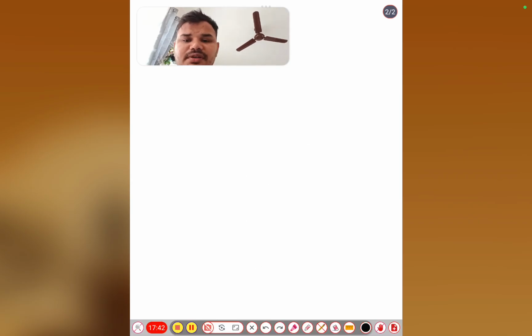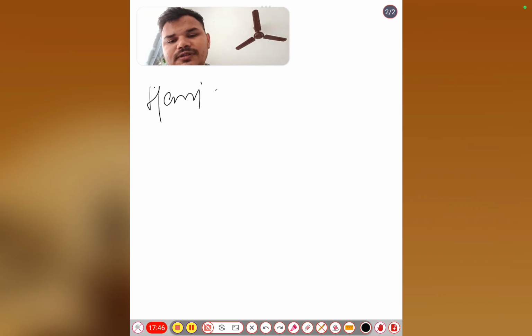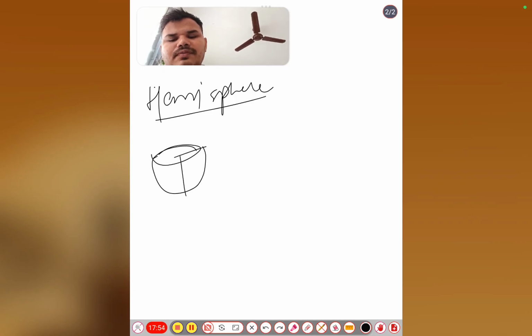Then the next one is the hemisphere, which is half of the sphere. Here it's the radius. Since it has a curved surface, the curved surface area is 2 pi r square.